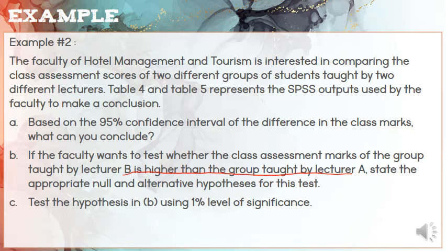Here the claim is B greater than A, so it will be one-sided. We will see later. And last, C: test the hypothesis in B using 1% level of significance. Notice in question A it is 95%, in question C it is 1%, so be alert.